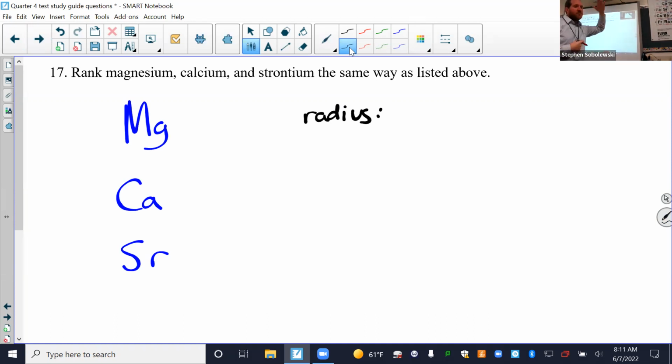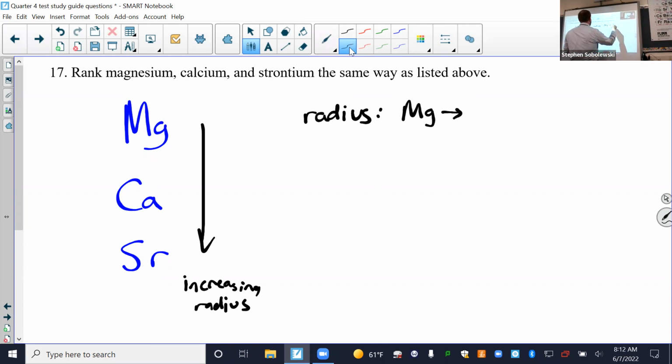Because every time you move down to the next period, you're getting an entire new shell or ring or orbital of electrons. So the size is going to increase. So we can say increasing radius. Or if I want to answer the question, if I want to rank them from smallest to largest, the ranking would be Mg, then Ca, then Sr.